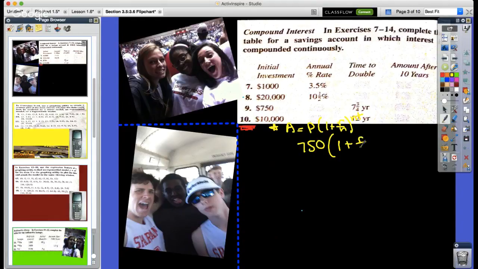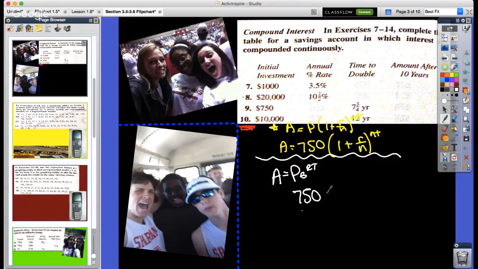Now, normally, if we have it in terms of compounded daily or yearly, this is the formula we would use. But where we're trying to solve for compounded continuously, we're going to use the formula A = Pe^(rt), where, again, P is 750, and we have base e. We don't know what the r is.